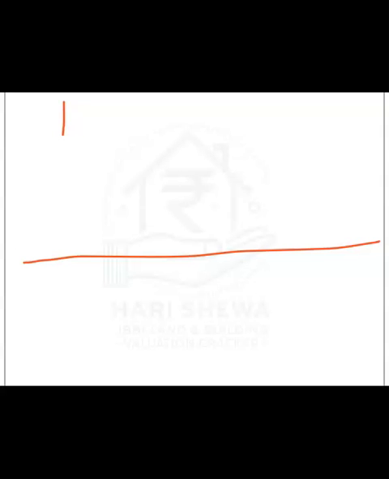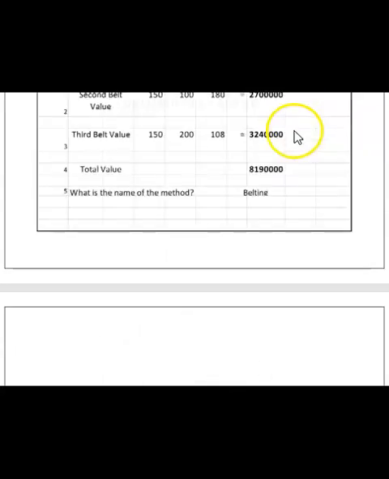If a long plot near the road is there, and we have a smaller plot value of this size, then how do we calculate the market value? This is calculated as per belting theory.